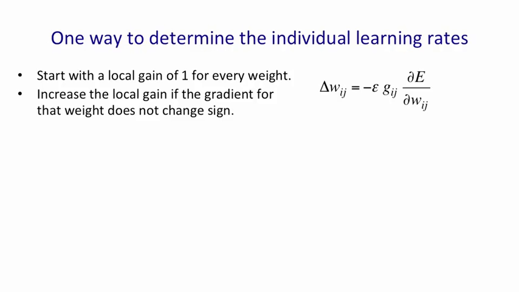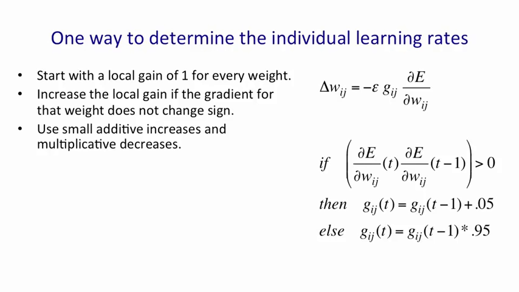We're going to increase gij if the gradient for the weight does not change sign. And we're going to use small additive increases and multiplicative decreases. So if the gradient for the weight at time t has the same sign as the gradient for the weight at time t minus 1, where t refers to weight updates, then when you take their product, it'll be positive, because you either get two negative gradients or two positive gradients.